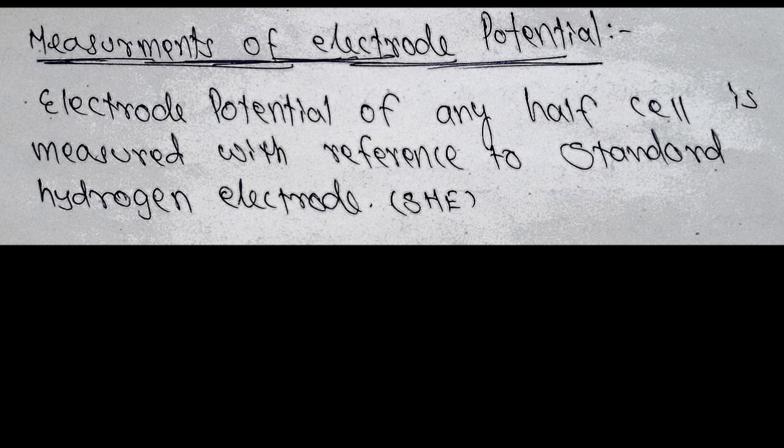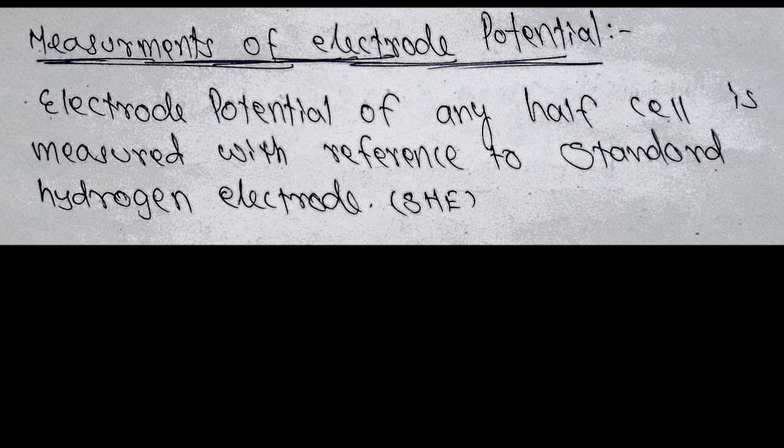So there will be a potential difference between this metal and the aqueous solution, for example between a copper electrode and aqueous copper sulfate solution. This potential difference is the electrode potential.